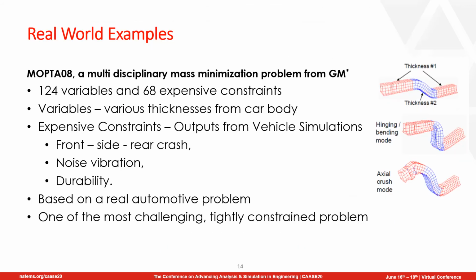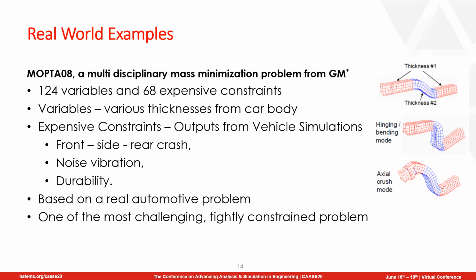So after all those benchmarking functions, here is a real-world example, which is called MOPTA-08, a multidisciplinary mass minimization problem from GM, which has 124 variables and 68 expensive constraints.